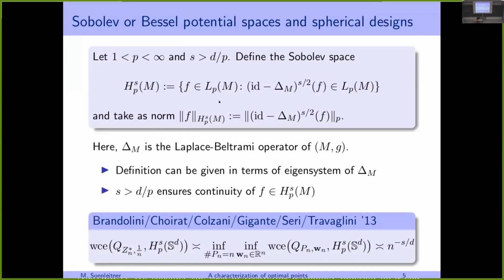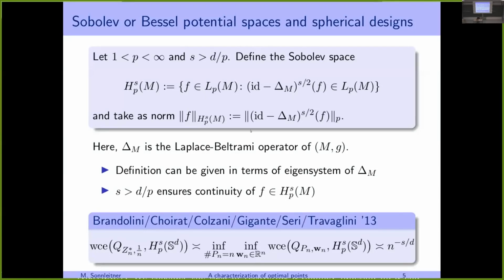We consider functions which are p-integrable on this manifold, and then this operator applied to the function f should still be in L^p. Here this delta is the Laplace-Beltrami operator, which many of you already know. This Sobolev space is basically just the space of functions such that the s-th derivative is p-integrable, and this functional calculus just says something like that.